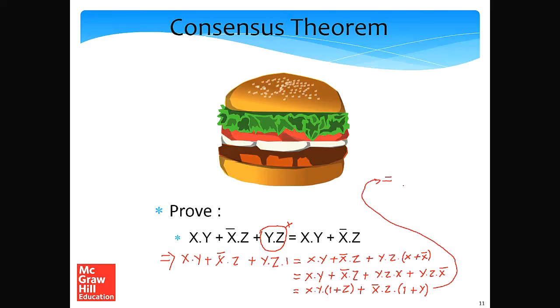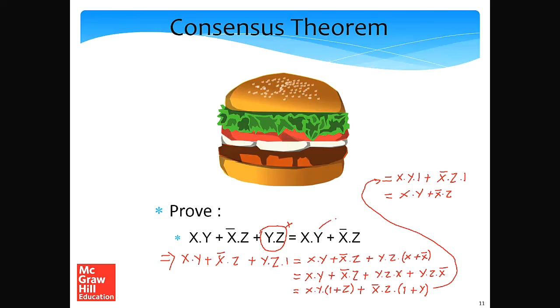So any number ORed with 1 is 1. So we can replace this with, which is exactly what is there in the right hand side or the RHS.